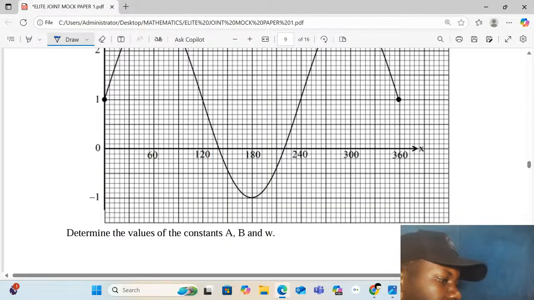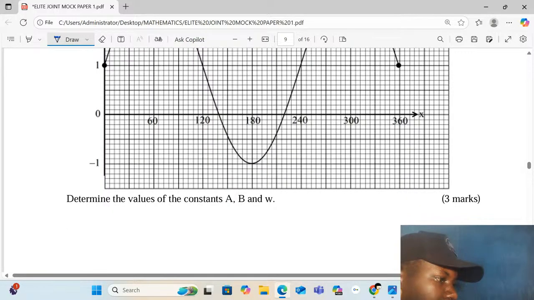They are saying determine the values of the constants a, b, and w. So determine the values of a, b, and w.